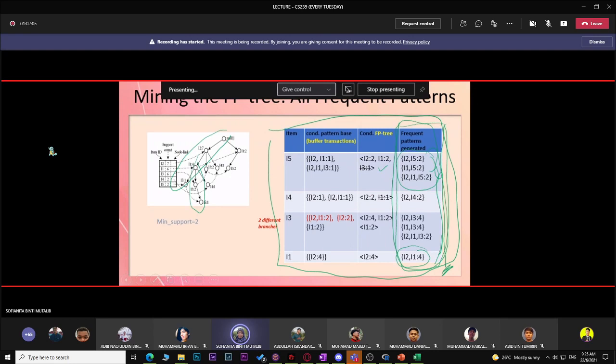Anybody? Ada tak perbezaan ataupun persamaan output untuk frequent patterns daripada FP growth dan juga daripada apriori? Ada pendapat? Boleh jawab?